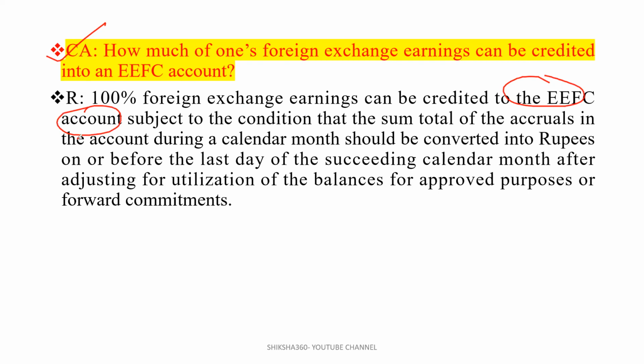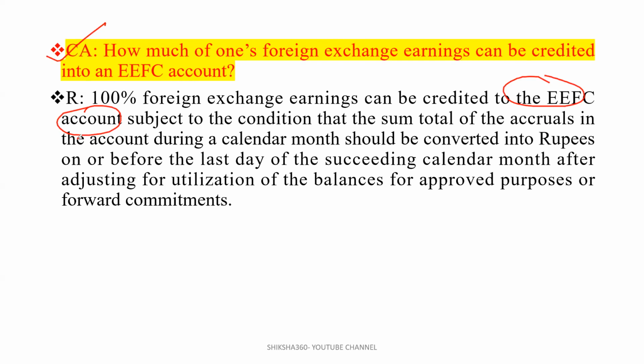The sum total of the accruals in the account during a calendar month should be converted into rupees on or before the last day of the succeeding calendar month.